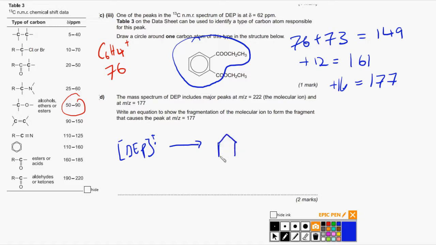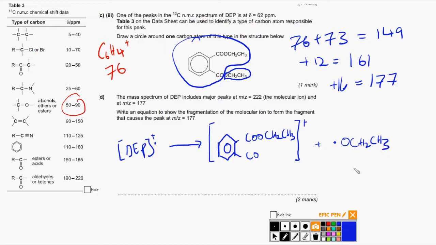So our benzene, like so, COO, CH2, CH3, and CO, and then I just drew the bracket like that, the plus, what's left over here. So we have this part here, which is the free radical part, so it's our free radical notation, O, CH2, CH3, and that is our fragmentation equation for this particular compound.